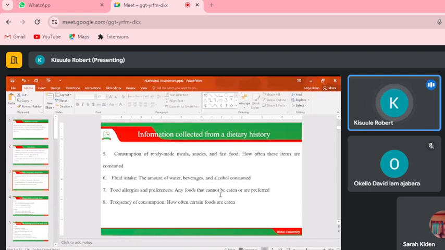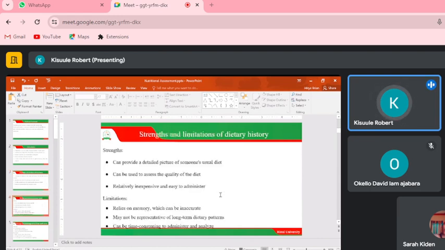We look at food allergies and food preferences. We look at frequency of consumption, how often certain foods were eaten compared to other foods, and why those foods were chosen. Is it because you couldn't afford the other preferred meals? That's where we look at the food consumption scores, and we start scoring the different foods, how the individual consumed them at the end of the day.